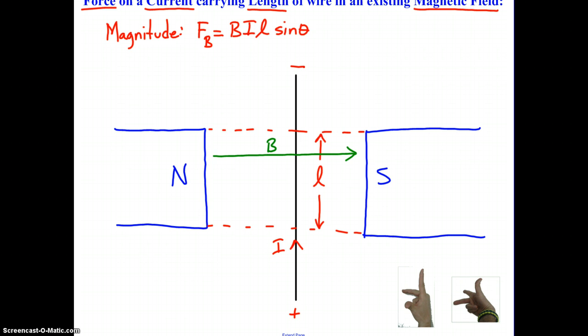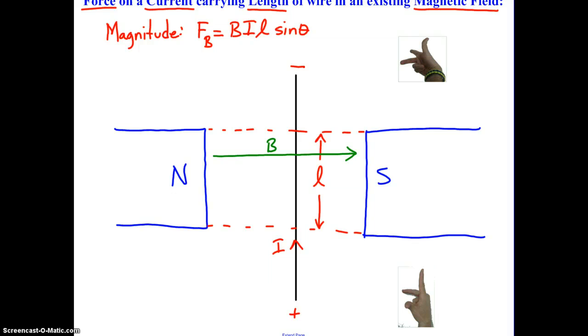For the direction of the force on a current carrying wire in an existing magnetic field, we use another hand rule, the right hand rule, in which you're going to take and make a gun, so to speak, as if you're a member of the FBI.